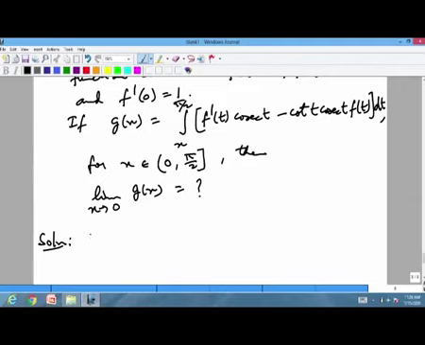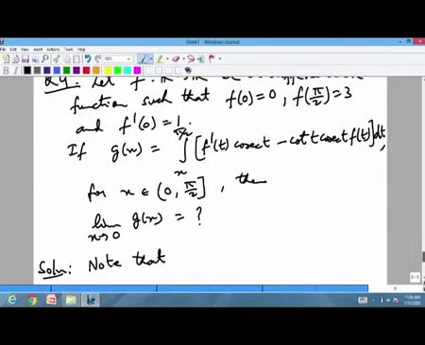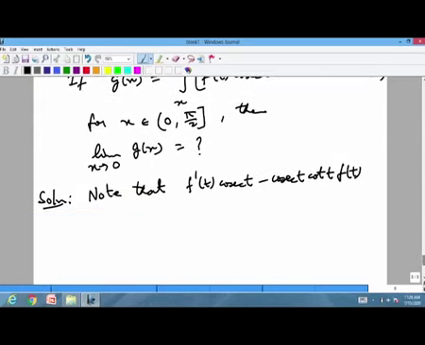So, note that the integrand is f prime t cosec t minus cosec t cot t f t. This is nothing but the derivative of f of t times cosec t.